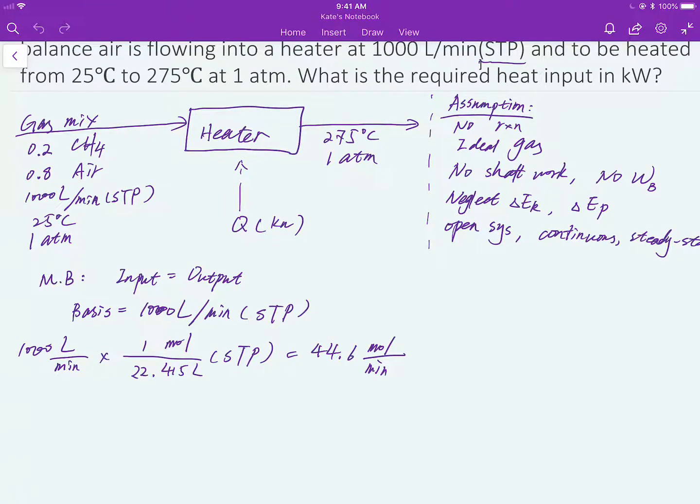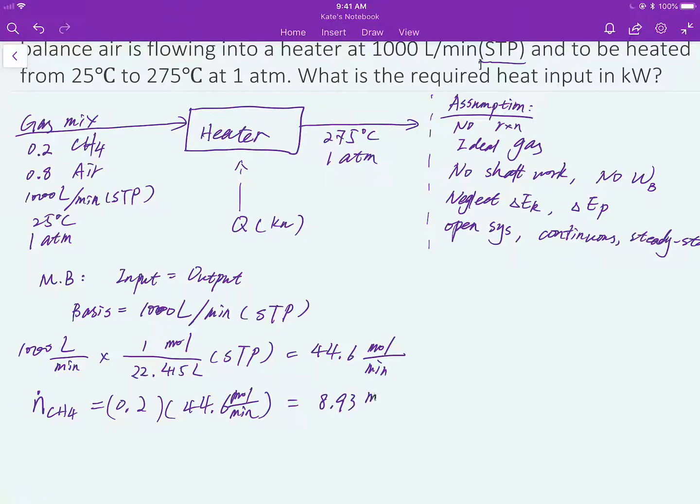Then we have 20% methane, 80% air, and we can calculate the molar flow rate for both species based on the mole fraction given. It's 0.2 methane times the mixture molar flow rate, and has a unit of mole per minute. Well, you can convert that to second, but I just keep them as mole per minute first.